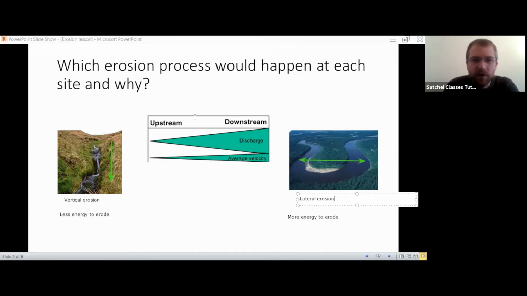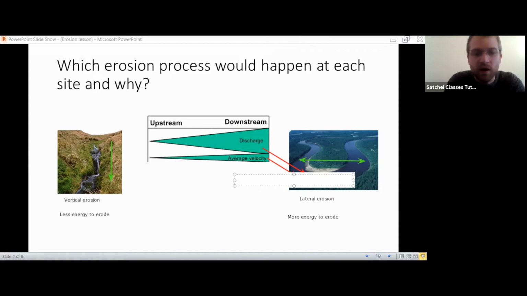In terms of the Bradshaw model, we can make the assumption that in this river we've got high discharge, high velocity, so we're looking at a lot of power. Therefore, where there is a lot of power, we can assume there would be more hydraulic action taking place, because that's the power of the water.